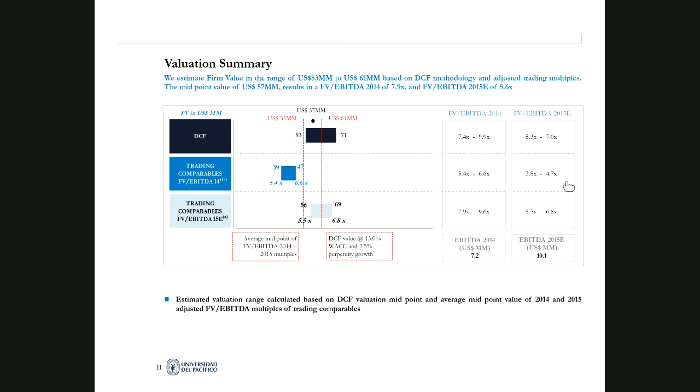Let's see this example, and I think with this example, we answer perfectly well your question, okay? So in this example, you have 3 blocks: the DCF, trading comps, firm value to EBITDA 2014, and trading comps, firm value to EBITDA 2015.